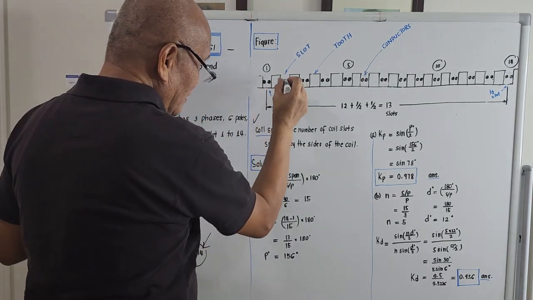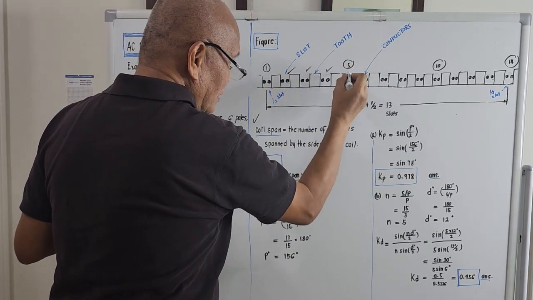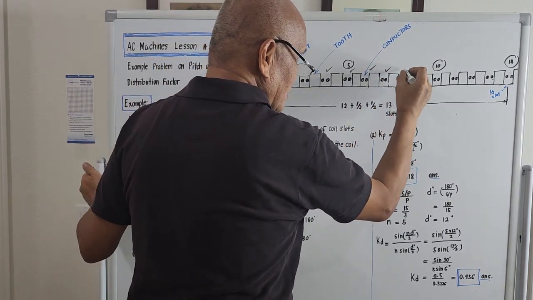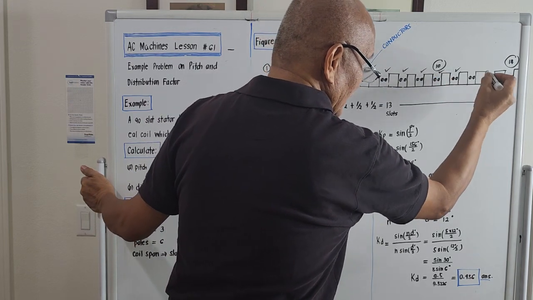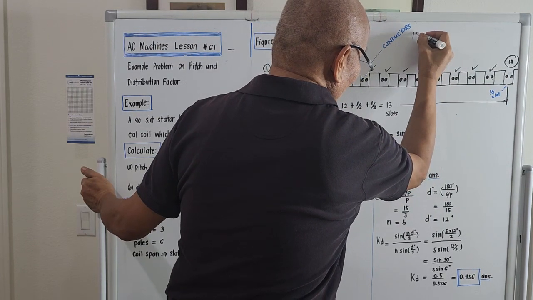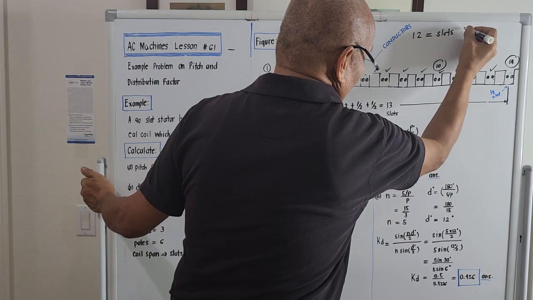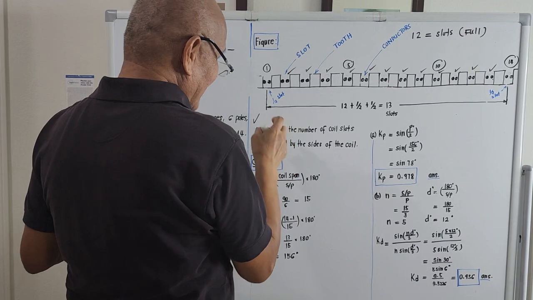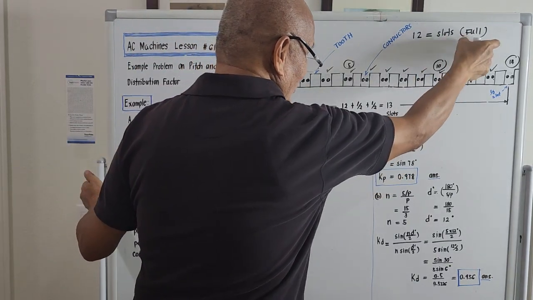Disregarding the first, we got 1, 2, 3, 4, 5, 6, 7, 8, 9, 10, 11, 12. So we got 12 full slots between 1 and 14.